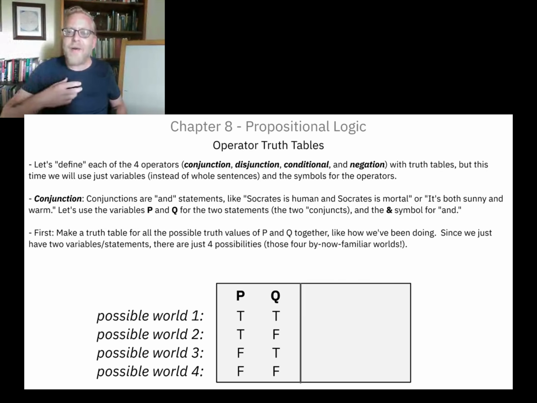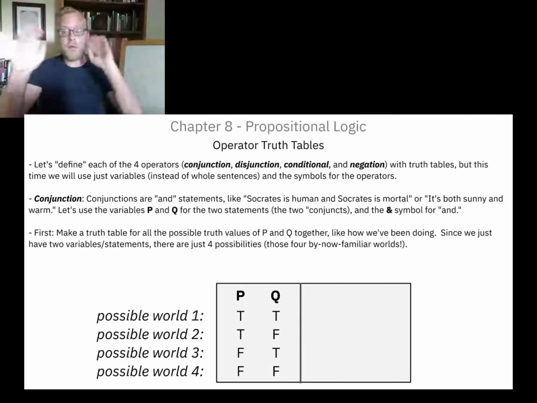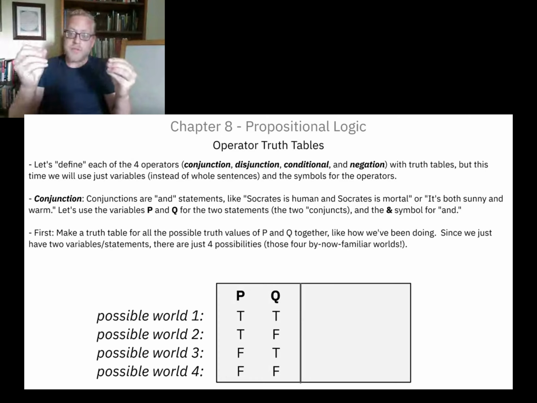That means without experience, without checking. You don't need to see what the world is like in order to know that these are the possibilities for any 2 statements. They could either both be true, they could both be false, or one is true and the other one is false, or the other one is false and that one is true. Those are all the 4 possibilities.